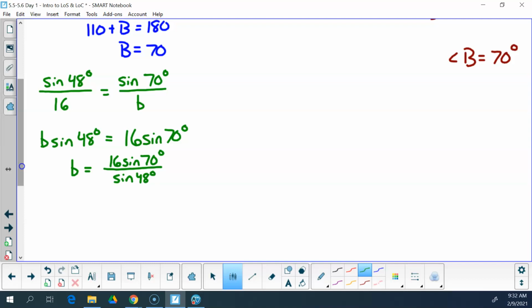So we would divide both sides by the sine of 48 degrees. And when we do that, if you could do that, please, right now on your own individual calculators, just so that we can see if we have everything that we need to have and we know how to punch things in.